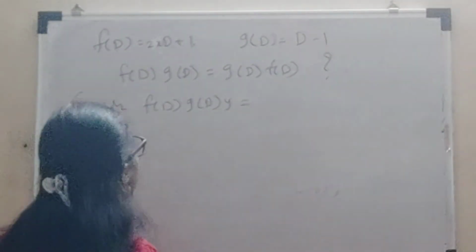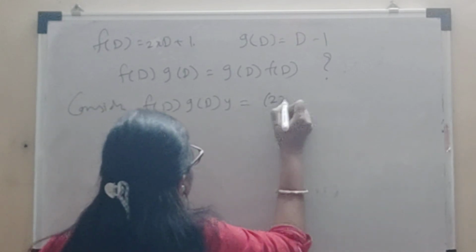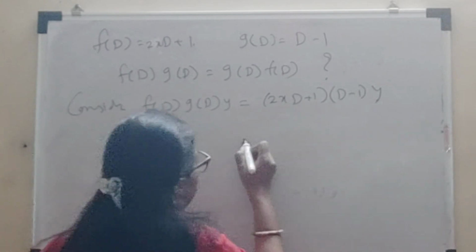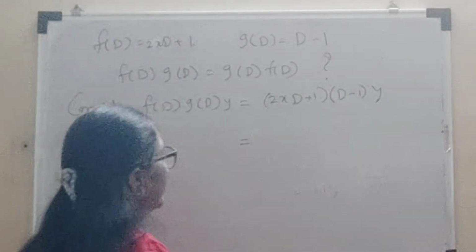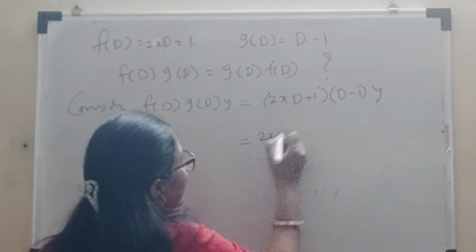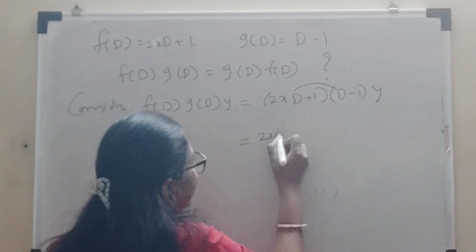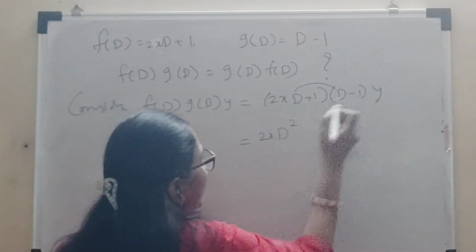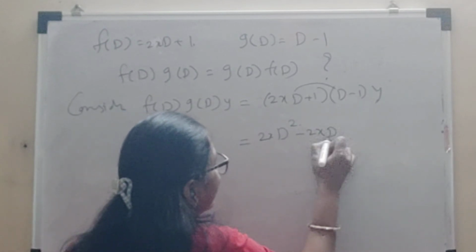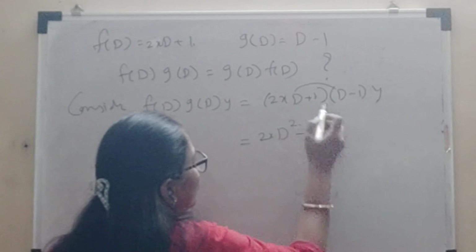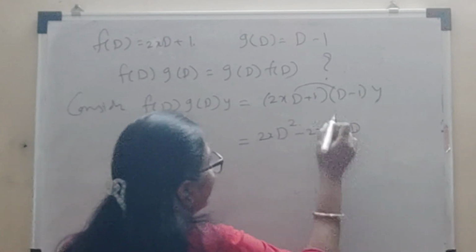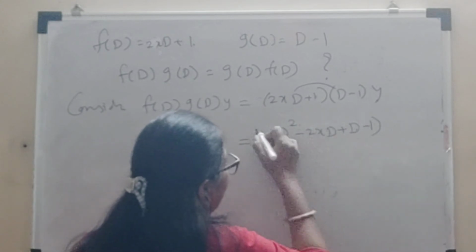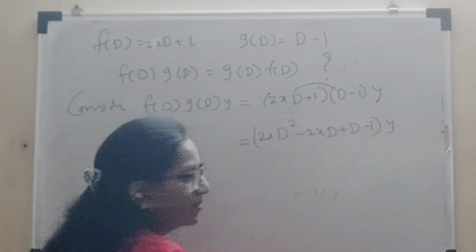That is equal to (2xD plus 1) into (D minus 1) operates on y. Now 2xD into D is D squared. Next, 2xD into minus 1 is minus 2xD. Then D into 1 is plus D, and minus 1 into plus 1 is minus 1. Whole this bracket operates on y.